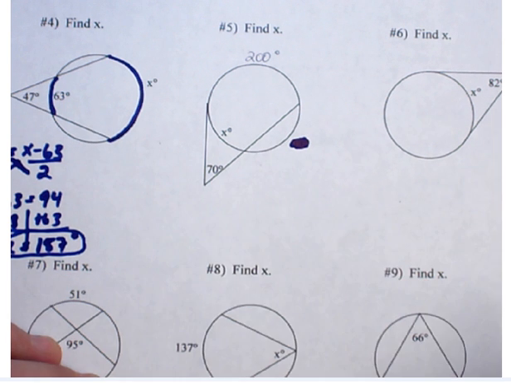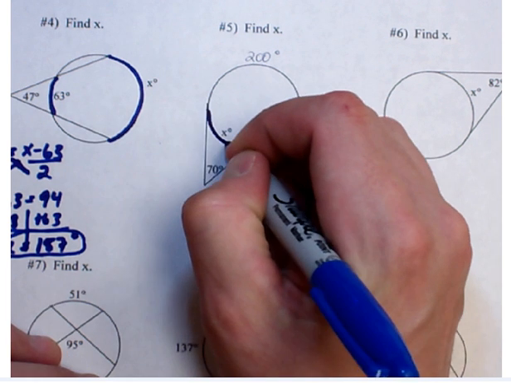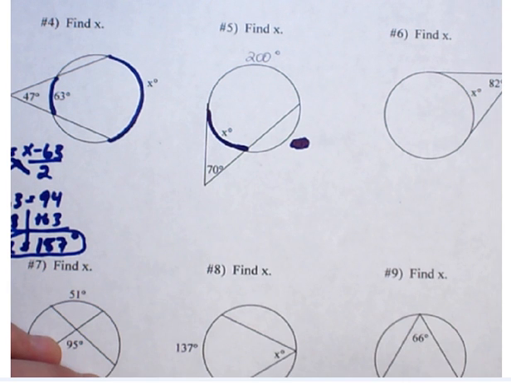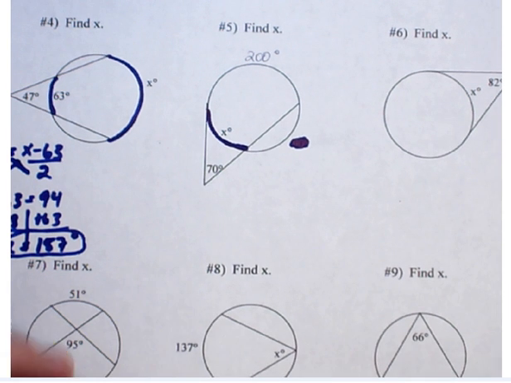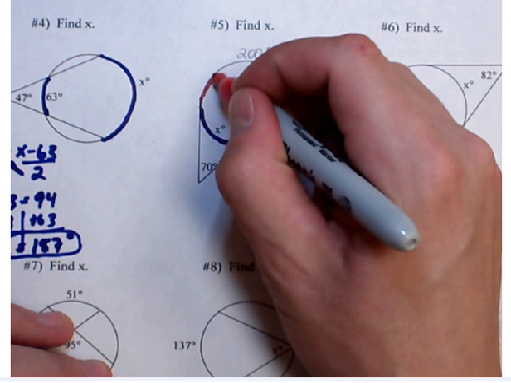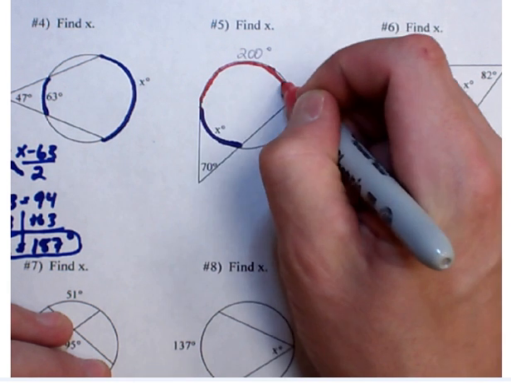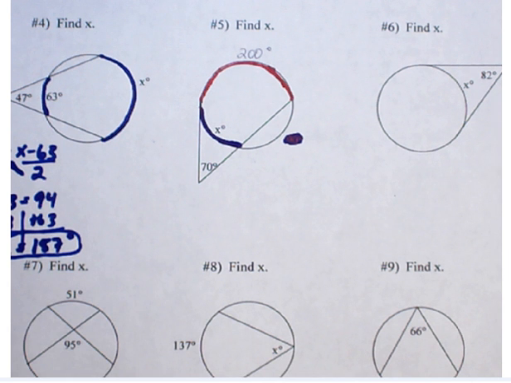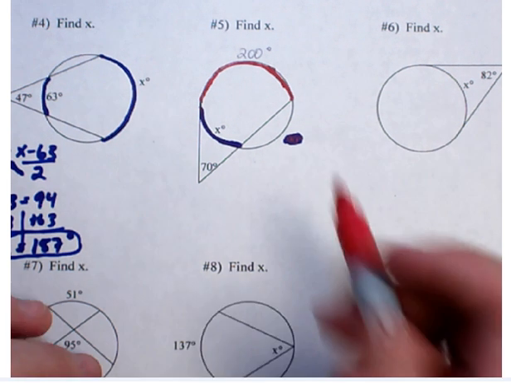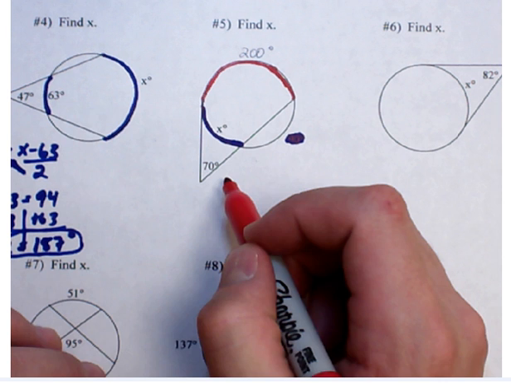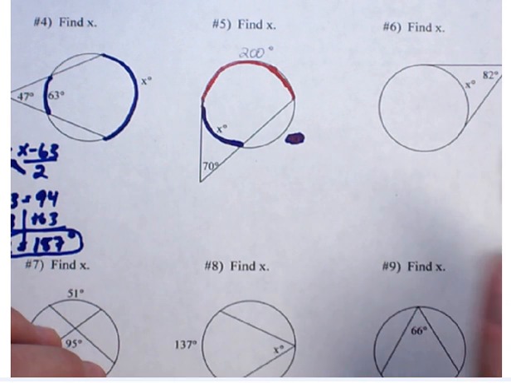Now we're looking for x. X is the small arc. That's the little arc. And 200, which is actually connected to the x over here, is your big arc. All right, so the angle measure is 70. Outside angle is big arc minus little arc divided by 2.